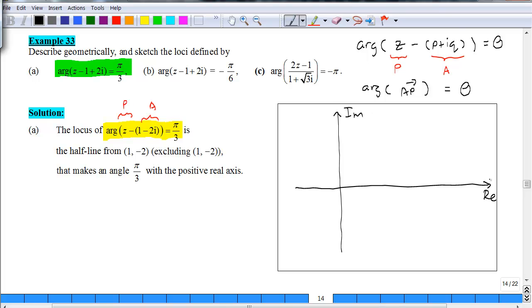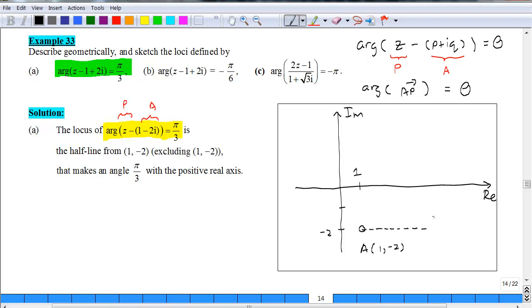The point A is 1, negative 2, so A is here. Now after you have marked out the point A, you draw a horizontal line from A in the positive direction. You draw a small circle at A because the locus representing the half line does not include the point A itself.